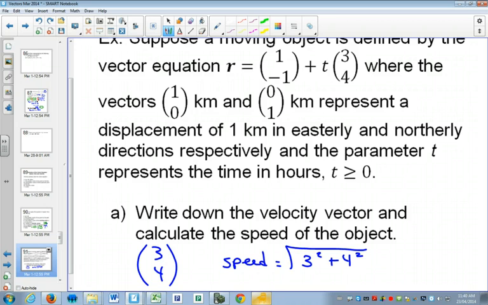Because if you imagine going 3 to the east and 4 to the north, that is not 3 plus 4. a squared plus b squared equals c squared would mean that you would have traveled 5. And since we're dealing with kilometers and hours, we would write our speed as 5 kilometers per hour.